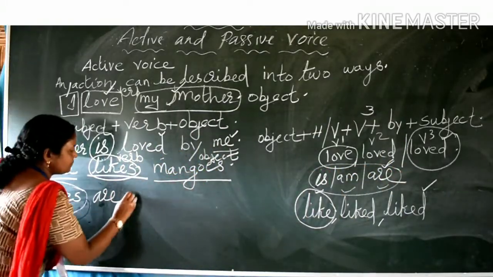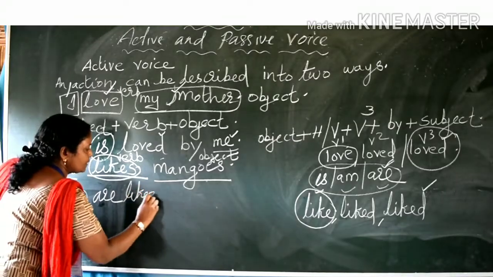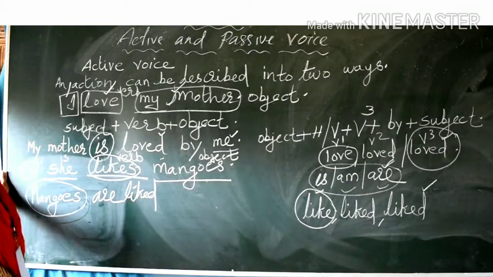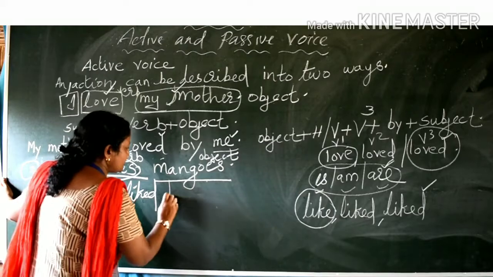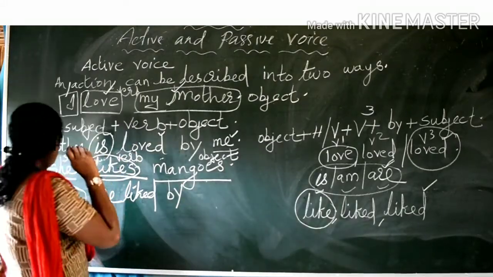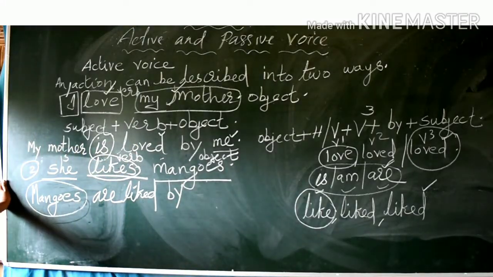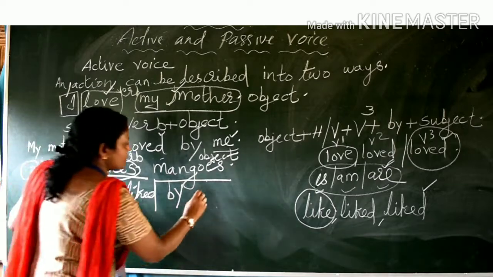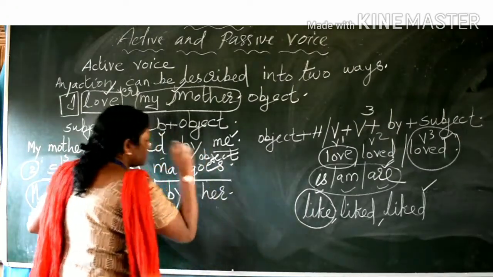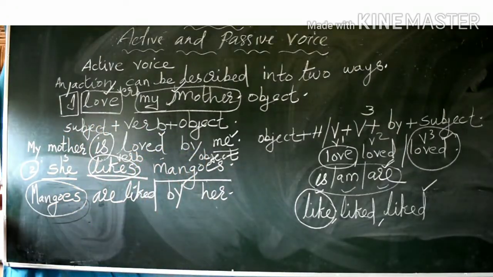Mangoes are liked. The next step is using the preposition "by." Mangoes are liked by. "She" changes into "her," I already explained. Mangoes are liked by her.